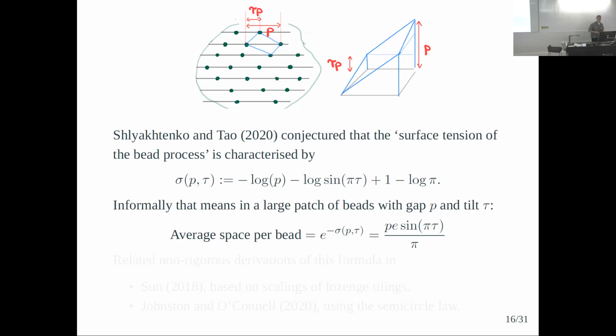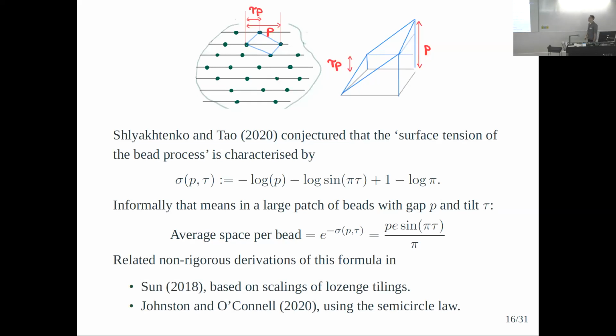Or equivalently, if we take a large patch of capital N beads, where the average gap is p and the tilt is tau, then the volume of the configuration should grow exponentially in N, like this quantity here to the power capital N. Now, there's been related non-rigorous work suggesting this sort of formula.